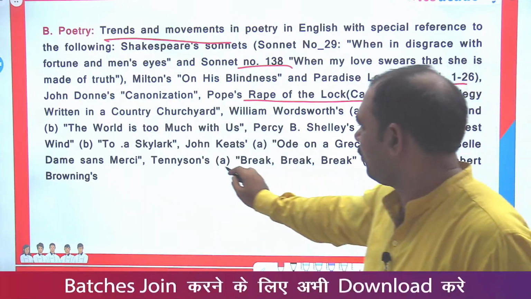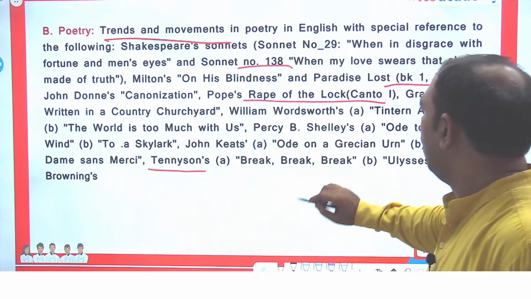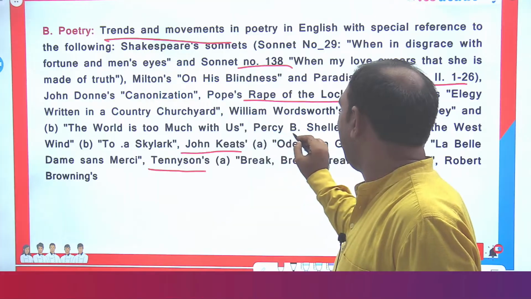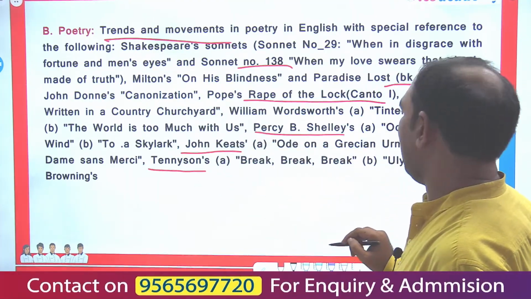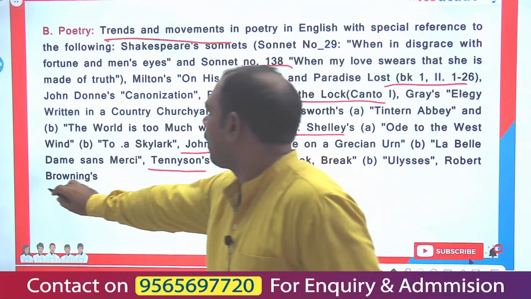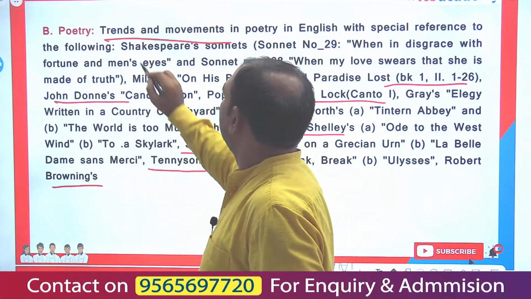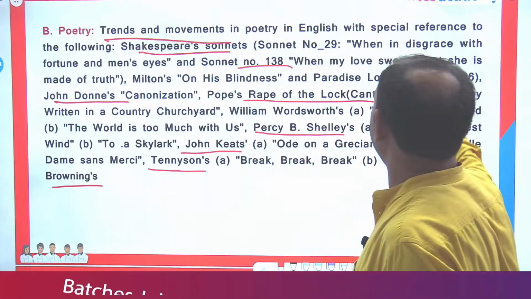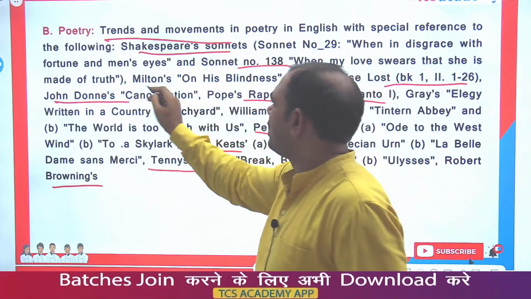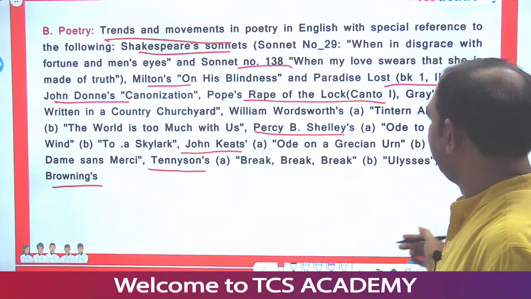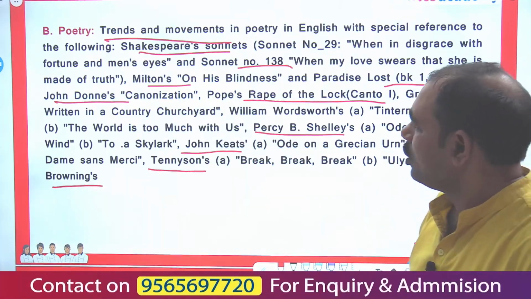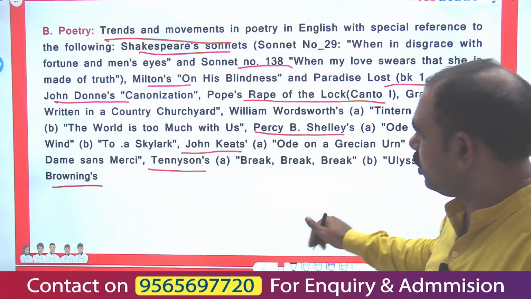There are some poems of Tennyson also, Keats. Basically we have Shelley, Keats, Tennyson, and Browning, Donne, Shakespeare. You can remember them, Milton, with their names, and yes. So this is for the poetry section only.